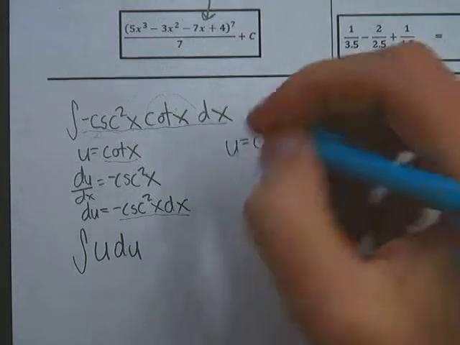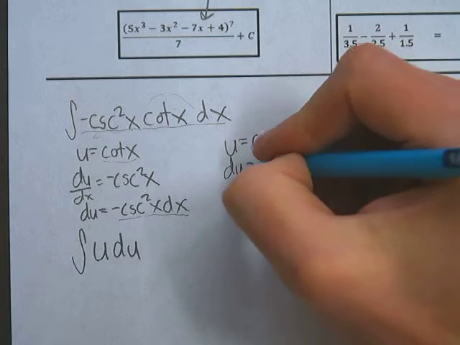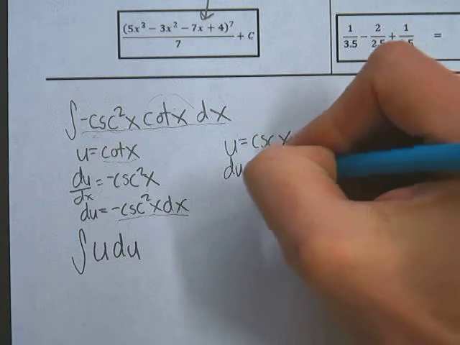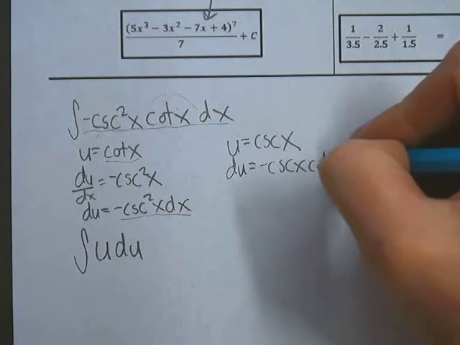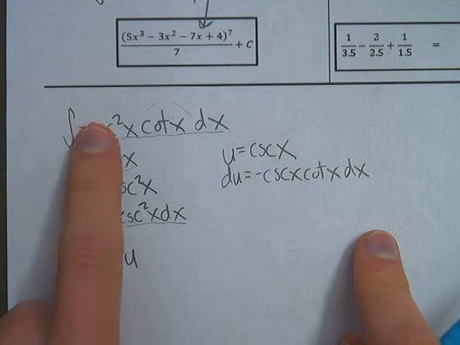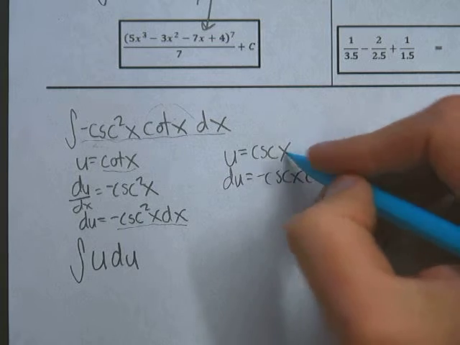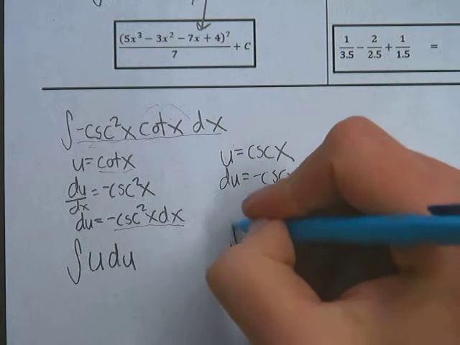You may remember that the derivative of cosecant x is negative cosecant x cotangent x. And if you notice, this times this gives us exactly that, which means this is a legit method here. If we use this technique, we just get u du again.